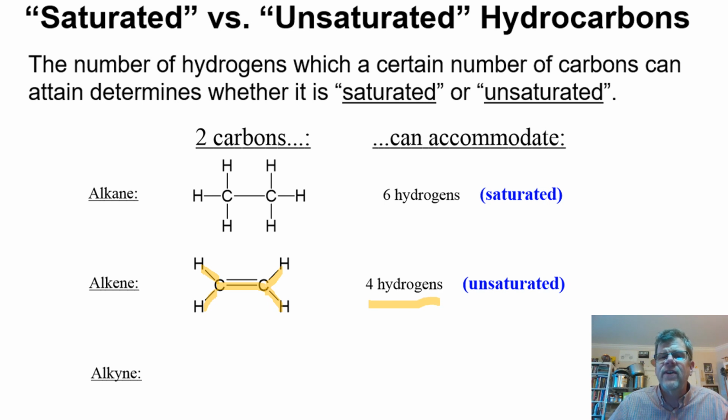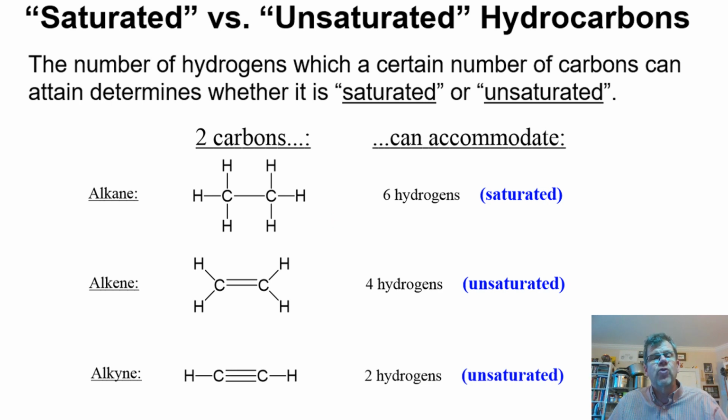That is considered unsaturated with respect to the number that we saw before on our alkane, which was 6. Going down to 4, it's unsaturated because 2 carbons can technically attain 6 hydrogens in an alkane, carbon-carbon single-bonded form.